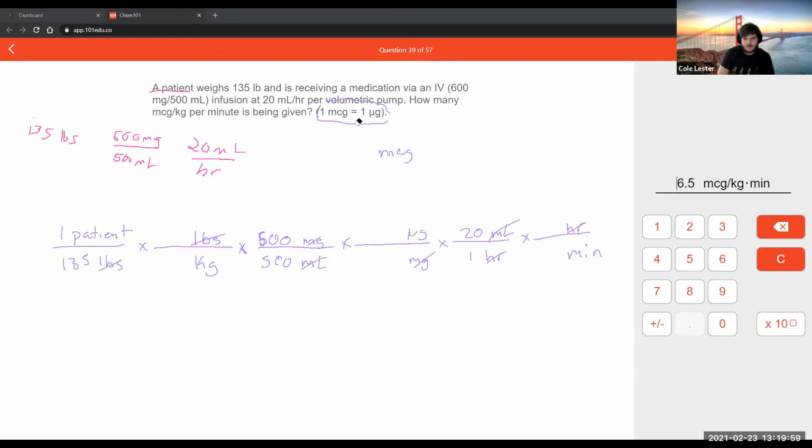Okay. So when I did this problem when I was in the class, the thing that tripped me up, the thing I couldn't wrap my head around to start, is this one patient over 135 pounds. If you don't know that you need to put this somewhere, then it's going to be very difficult to get it because the pounds needs to be on bottom.